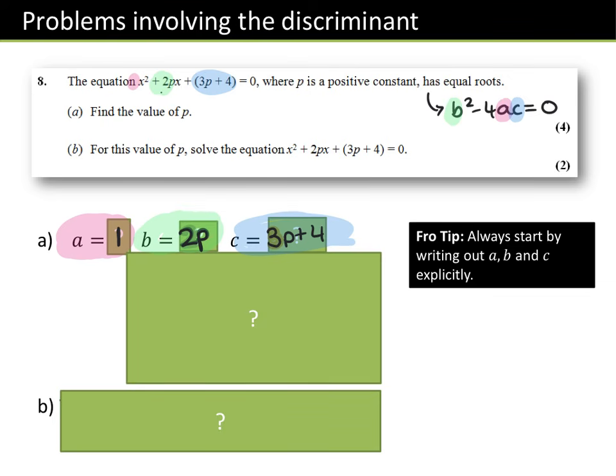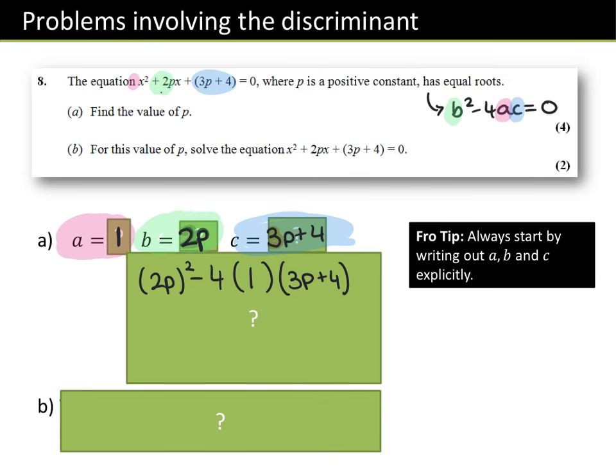Then it says, find the value of p. It's really easy to find p because you know that b squared minus 4ac equals 0. Make sure we write it in brackets. So our b is 2p, our a is 1, and our c is 3p plus 4.